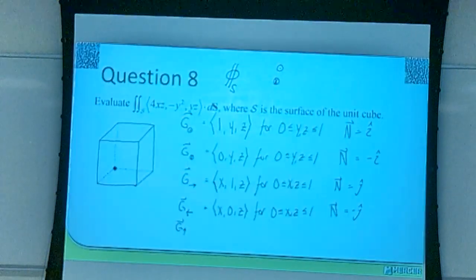The top. Well now, isn't that an XY plane? Right? What's Z? 1.